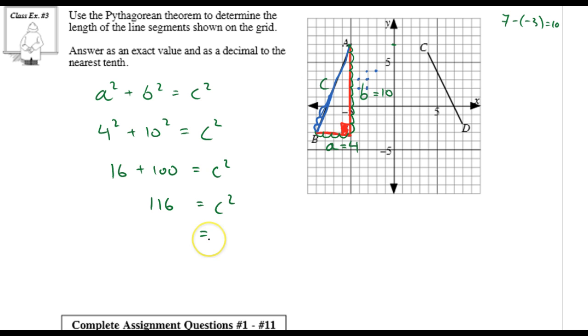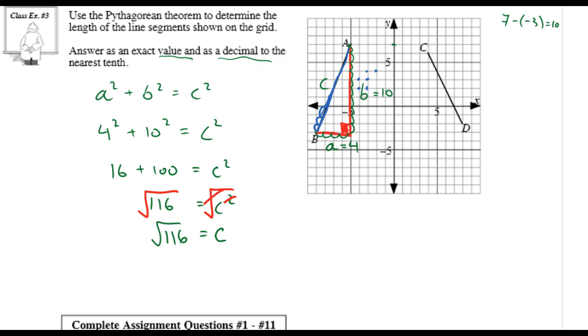Then don't forget the last step. We're not interested in what C squared is, we're interested in what C is, so I have to square root both sides to get rid of that squared. My answer is the square root of 116, and the question says to answer as an exact value and as a decimal to the nearest tenth.